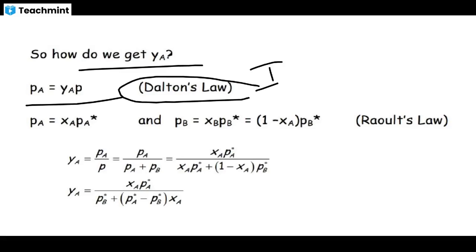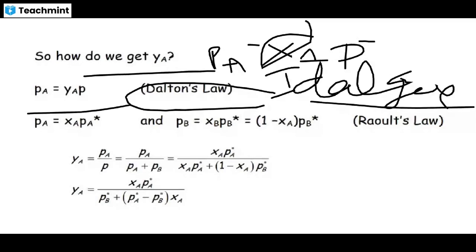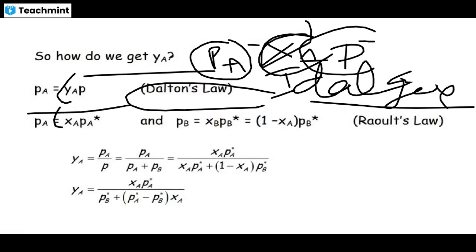In the gas phase you can treat the gas as ideal, since there is not much difference from ideal behavior, so you can use Dalton's law: Pa equals Ya into P. Don't confuse the terms here: Ya in the gas phase, Xa in the liquid phase.